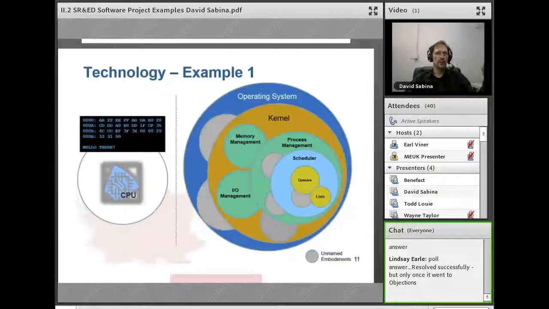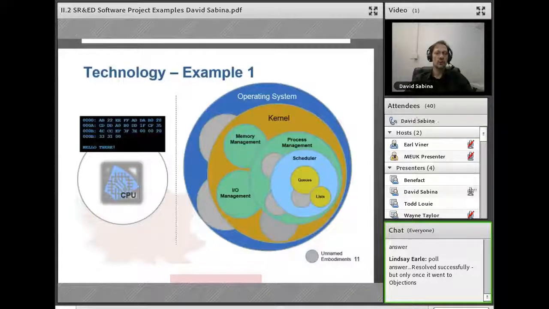We compare that with an operating system. So in a CPU, the kernel is usually very small. In an operating system, the kernel will have things like memory management, I/O management, to govern the environment itself. It then creates other layers.